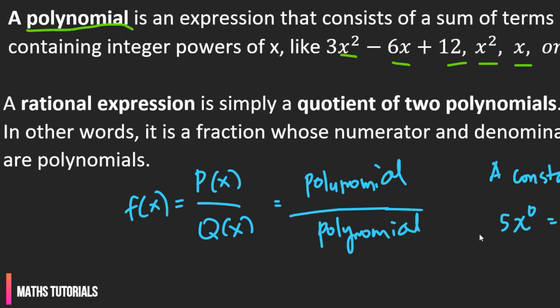So what if the given number is 5? Will it be considered as a polynomial? The answer is yes, because any variable can be used multiplied by that constant 5. It will also give us 5 because x raised to 0 or any variable raised to 0 is always equal to 1 times 5. So the answer will still be 5.